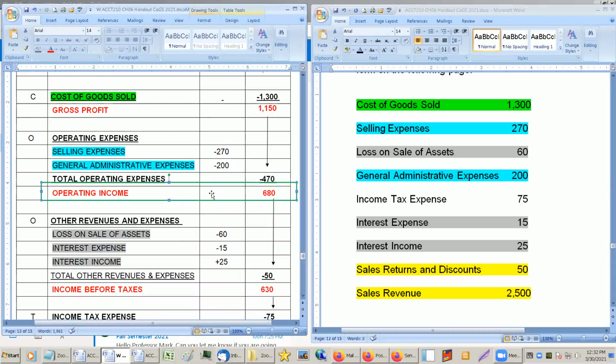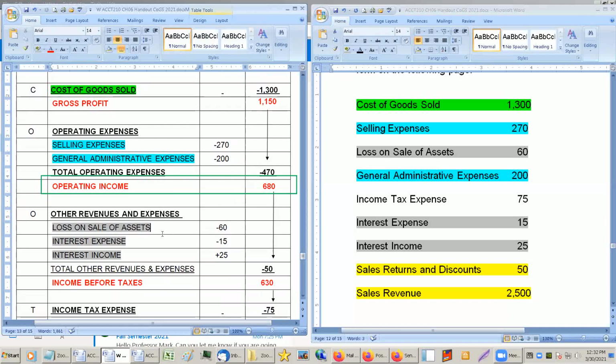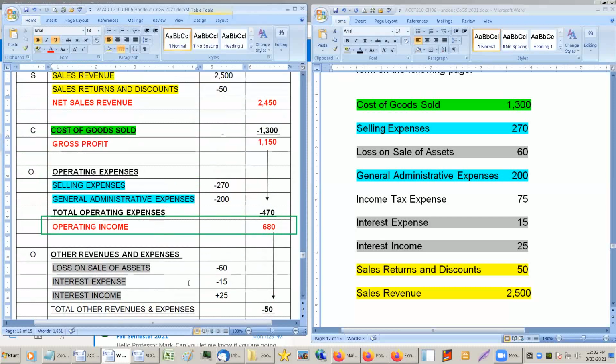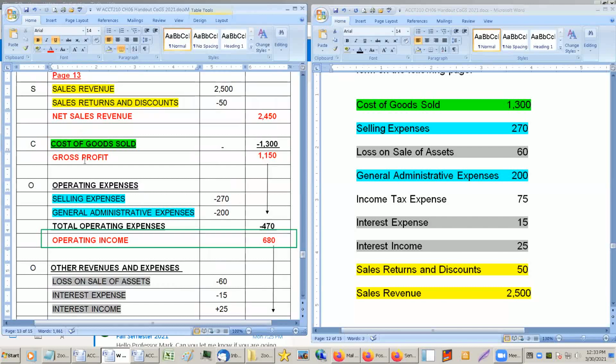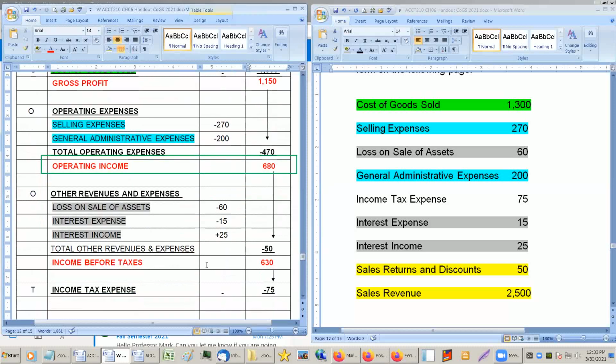Because this is whatever they're in business to do, this number represents that, and they have more control over it. Whereas with these, they can control what items they buy, the cost of goods sold, what they pay for things. The selling expenses and administrative expenses are under their control. So these are all things that they can control and that are part of their regular business. Whereas these down here are not really what they're in business to do.